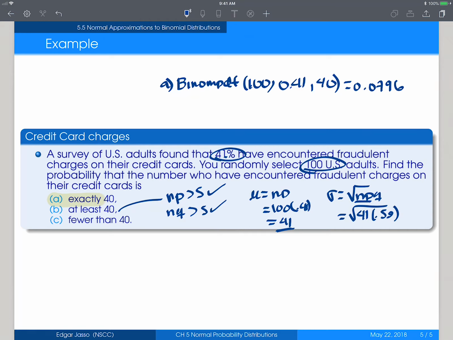Let me do it, second, square root of npq. I get 4.9183.